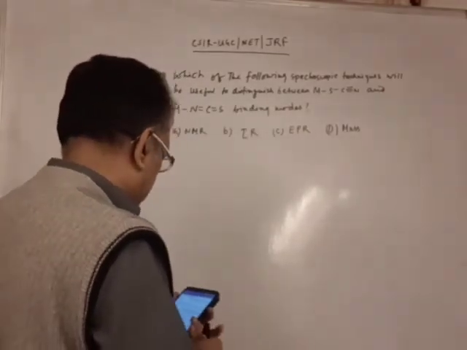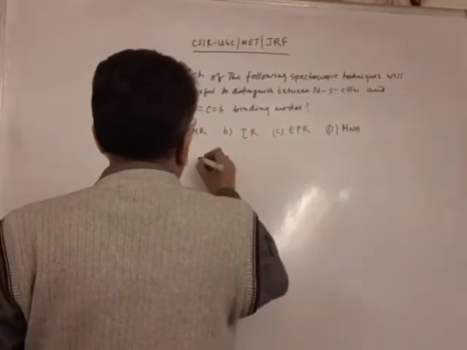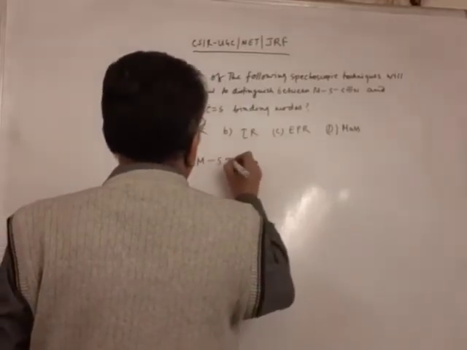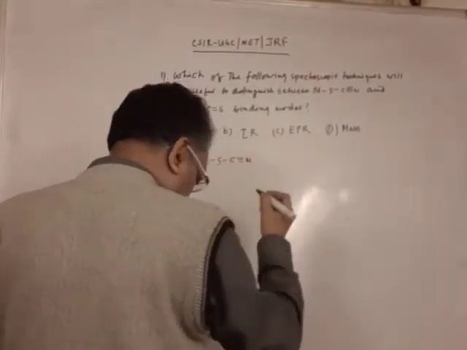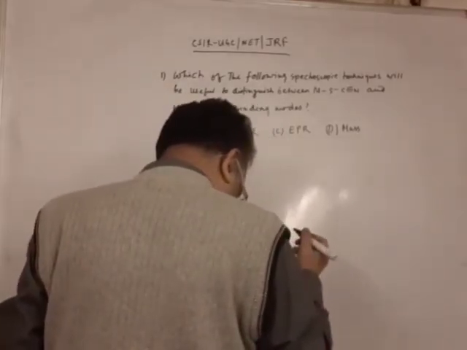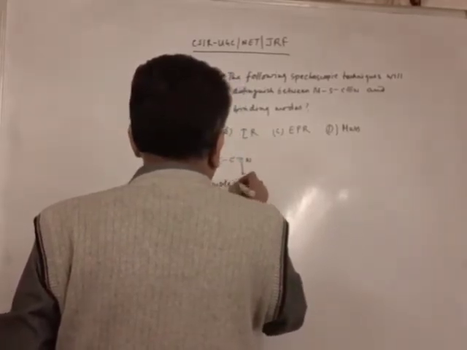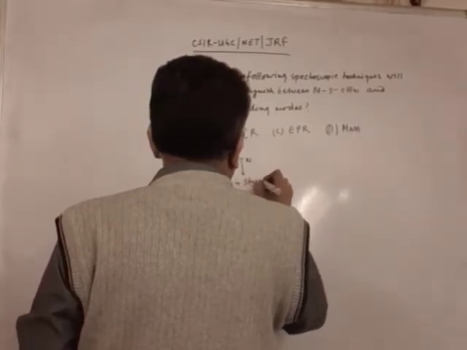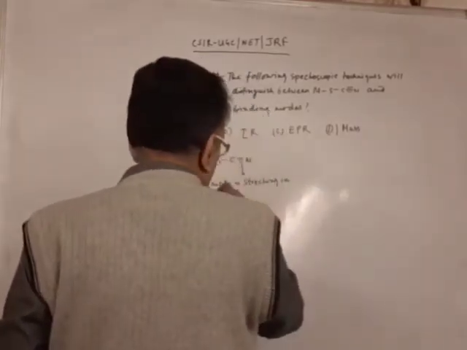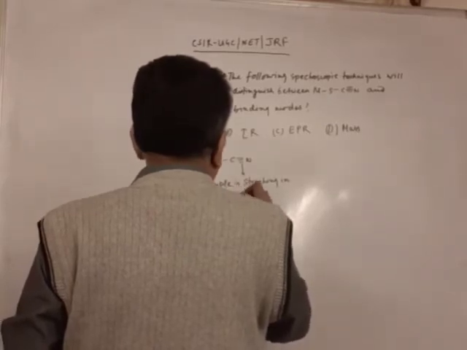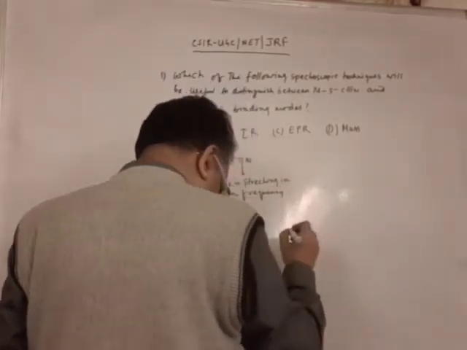Now, in case of the two species, for M-S-C triple bond N, this triple bond is stretching in higher frequency or wave number.